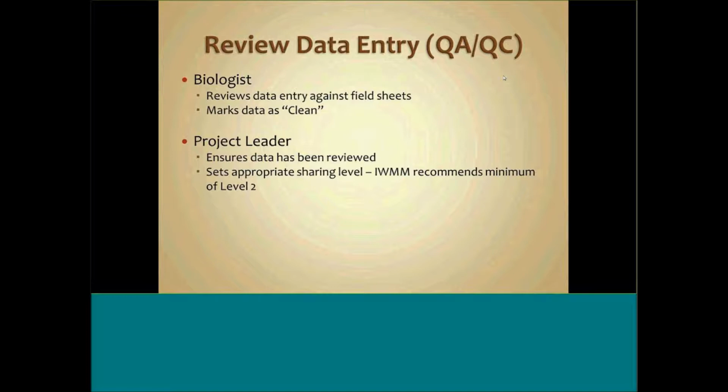Once each visit is marked as clean, then it's the project leader that should set the appropriate sharing level. As a program, since the IWMM project really is relying on the fact that people are willing to share their data, we are asking you to at least clear your data to a minimum level of 2.